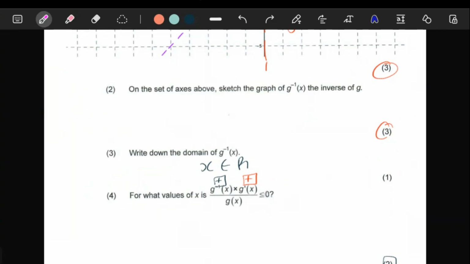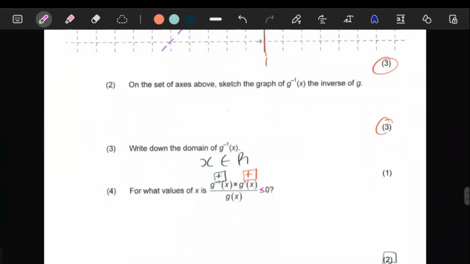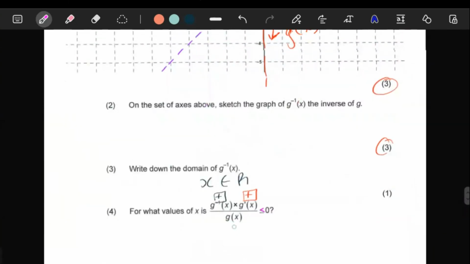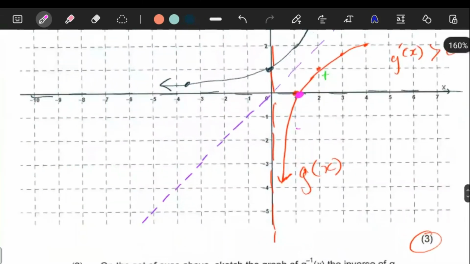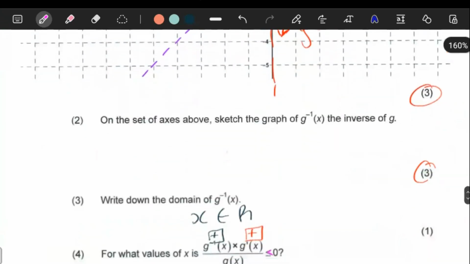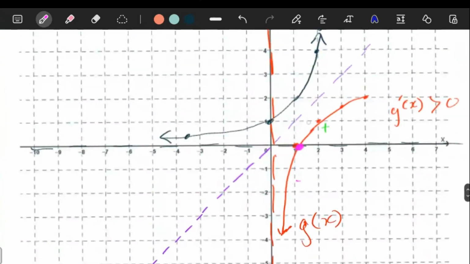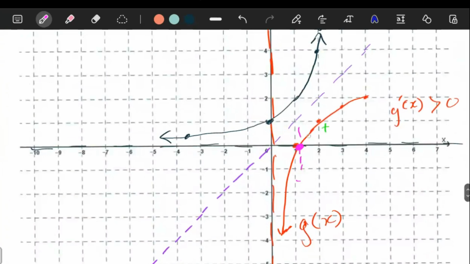But then the only time it can be below 0 is if we are talking about the part where the bottom part is negative. You see, where the bottom part is negative, that's the only scenario where this thing can ever be a negative value. So the bottom part is negative only at this specific x value until 0.